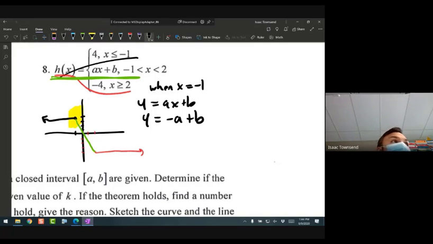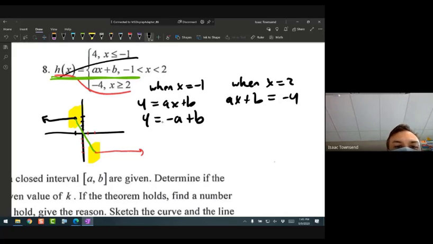All right, well, is that what we need? Can I solve this for A or solve this for B? No, one equation is not enough to solve for two variables. So you have to have the same idea down here. I want my green equation to have the same y value as my red equation, but only when x is 2. So when x is 2, I want ax plus b to give me the same thing as -4.